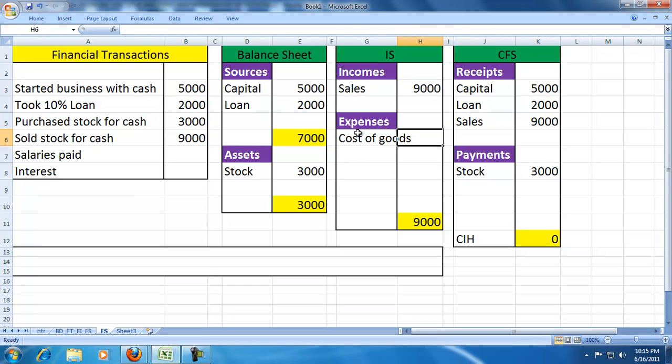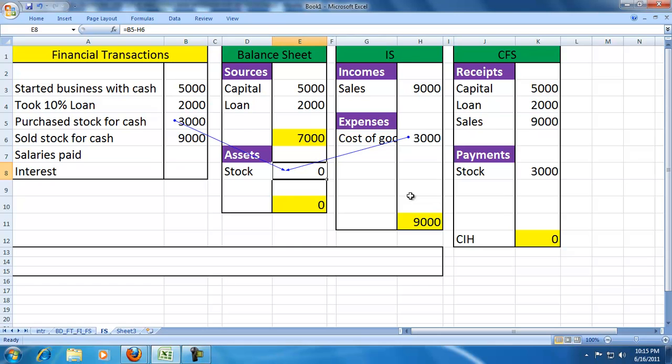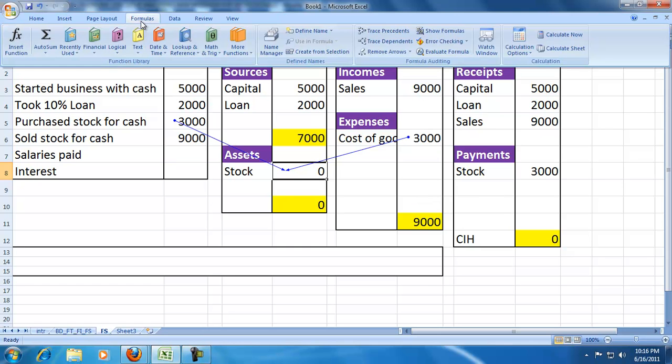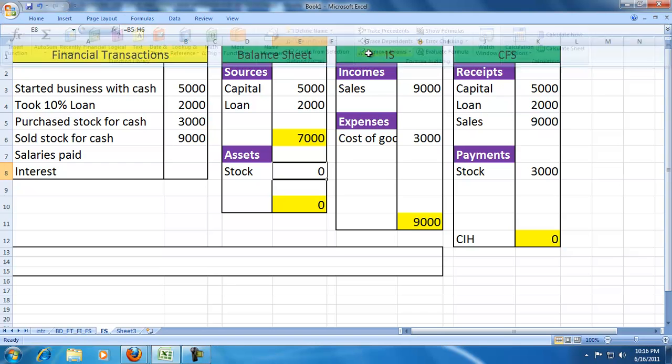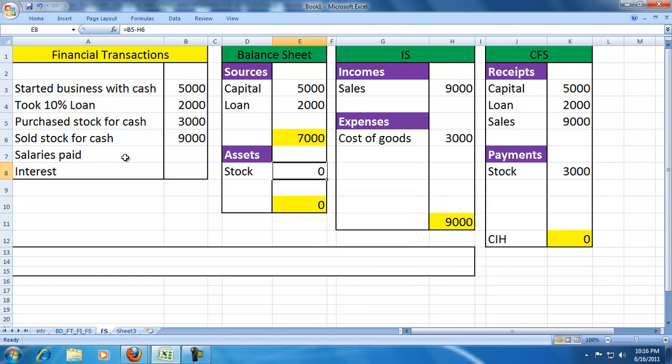How much are we selling? The entire stock, so the entire stock is gone. What will happen to the stock? The stock will no more be there on the balance sheet. We had stock of 3,000, we sold the entire stock, so there is no more stock available. We'll see the implications and the process in more detail later.